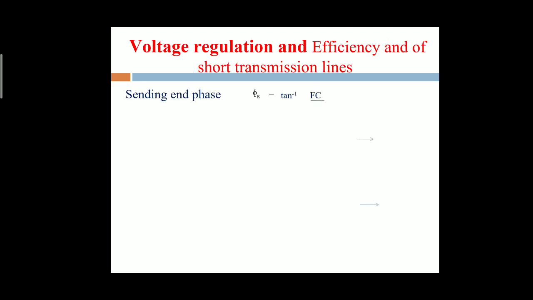This is the sending end phase. Phi s is equal to tan inverse of FC by OF, that is equal to VR sin phi r plus Ix by VR cos phi r plus IR. OF is VR cos phi r plus IR. FC is VR sin phi r plus Ix. Okay, that is equation number 3.